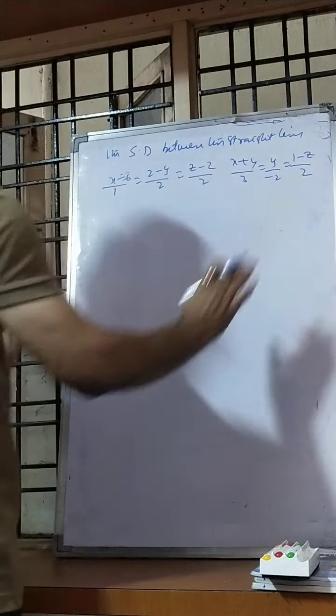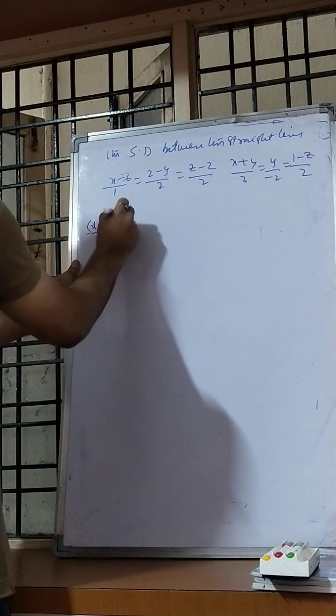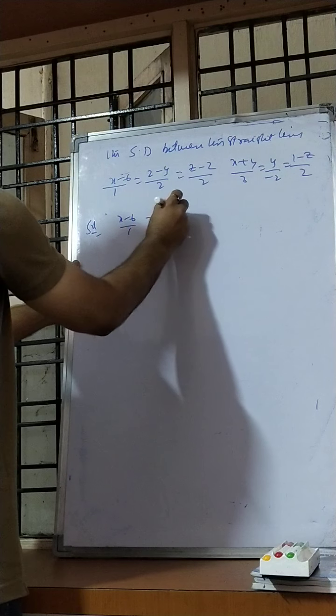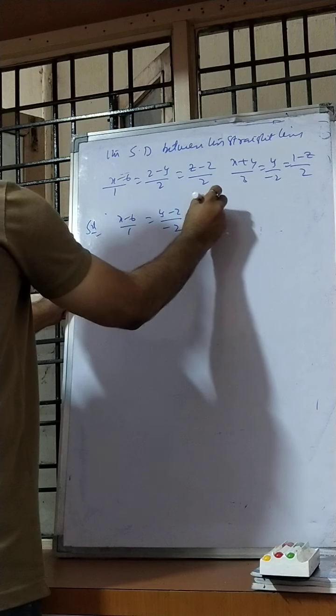First of all, these are not in proper form, so write it in a proper way: x minus 6 by 1, y minus 2 by minus 2, z minus 2 by 2.